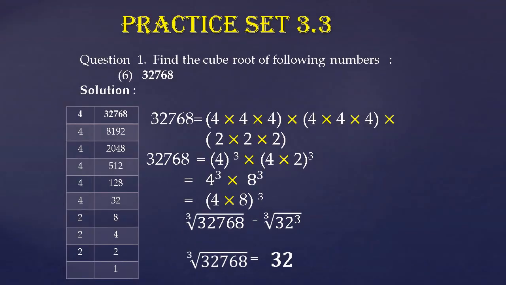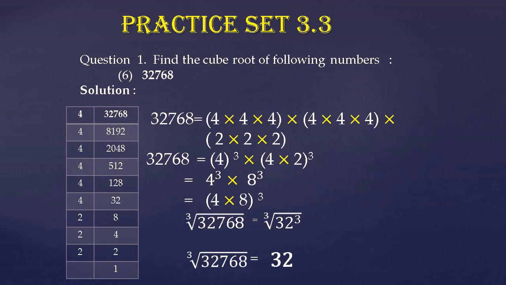Question 6. Find the cube root of 32,768. Here the number given is a bigger number. If we start factorizing using the divisibility test of 2, the factorization will be a long and tedious process.